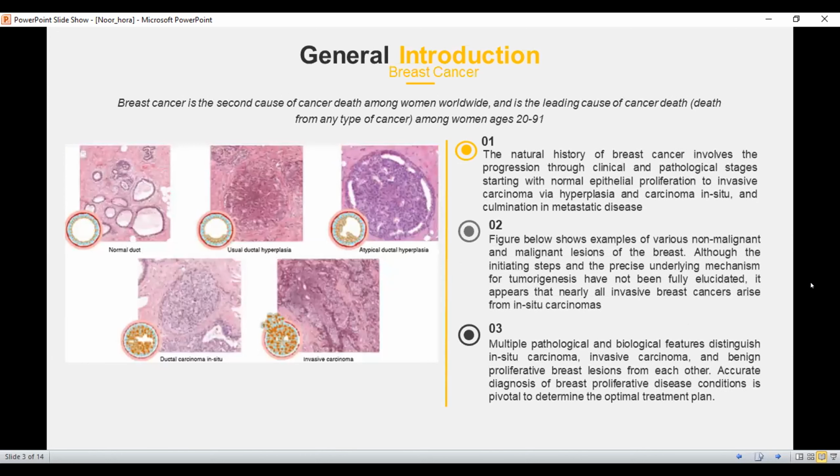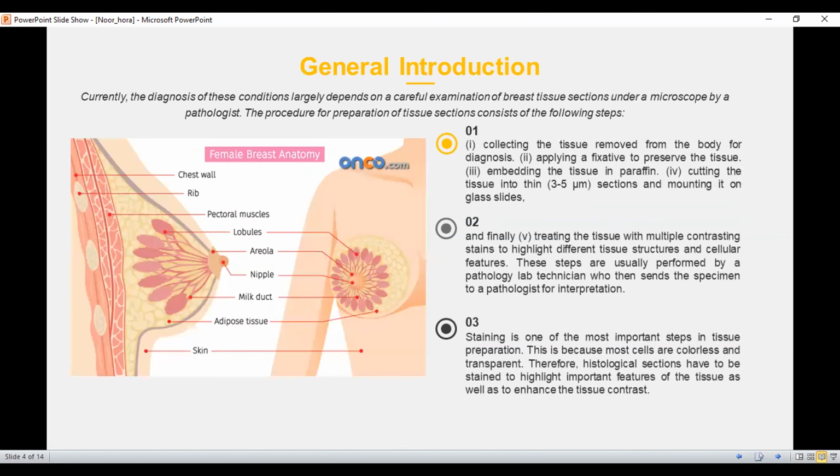The next page. In this figure, progression of breast cancer at different stages. Breast cancer is thought to progress from atypical hyperplasia and ductal carcinoma in situ to invasive carcinoma. The procedure for preparation of a tissue section consists of the following steps.